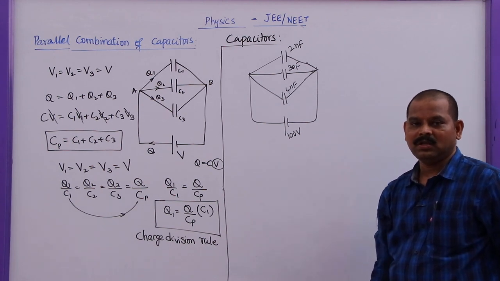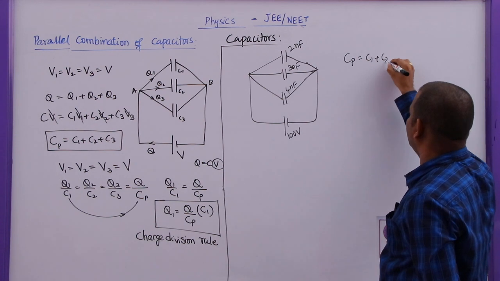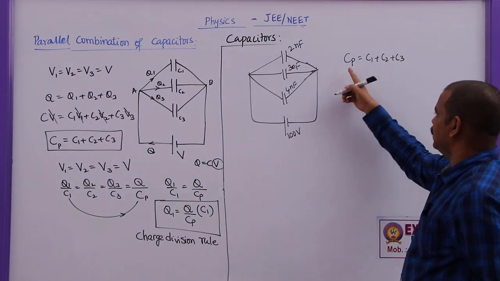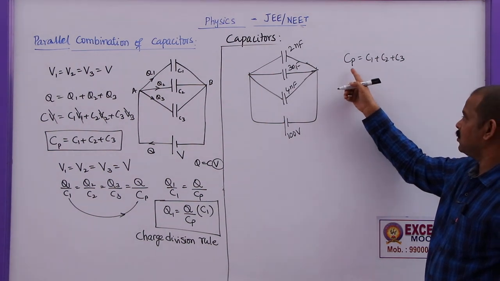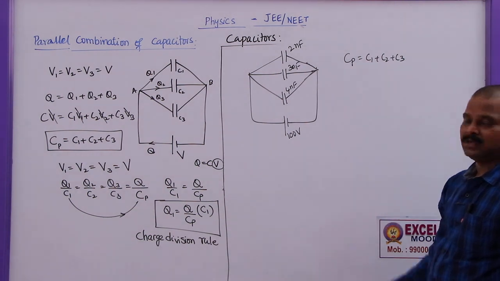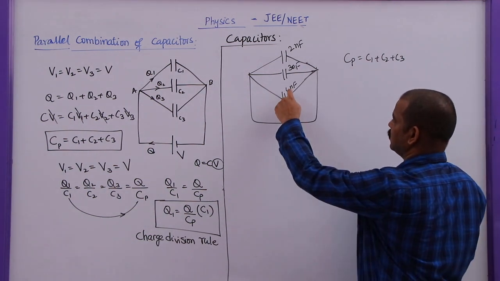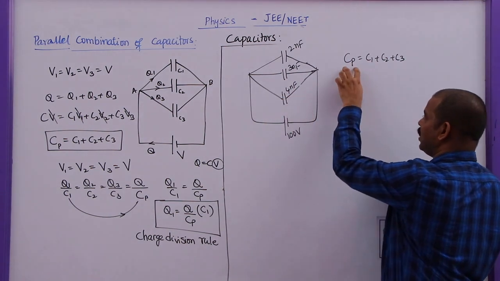First of all, what is the effective capacitance in parallel combination? The effective capacitance is going to be the sum of the 3 capacitors, and once again the effective capacitance of a parallel combination is always greater than the largest capacitance in the combination. So, here 4, 3, 2. 4 is the biggest, so this value is greater than 4.